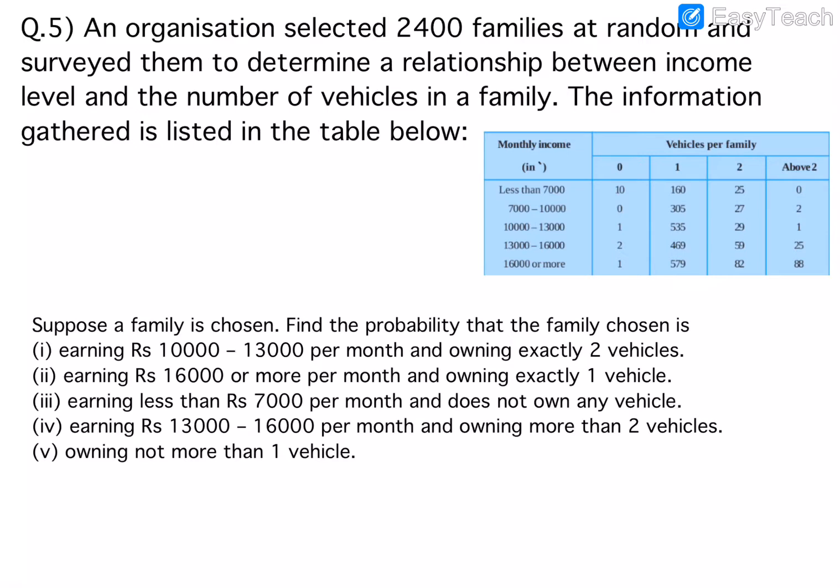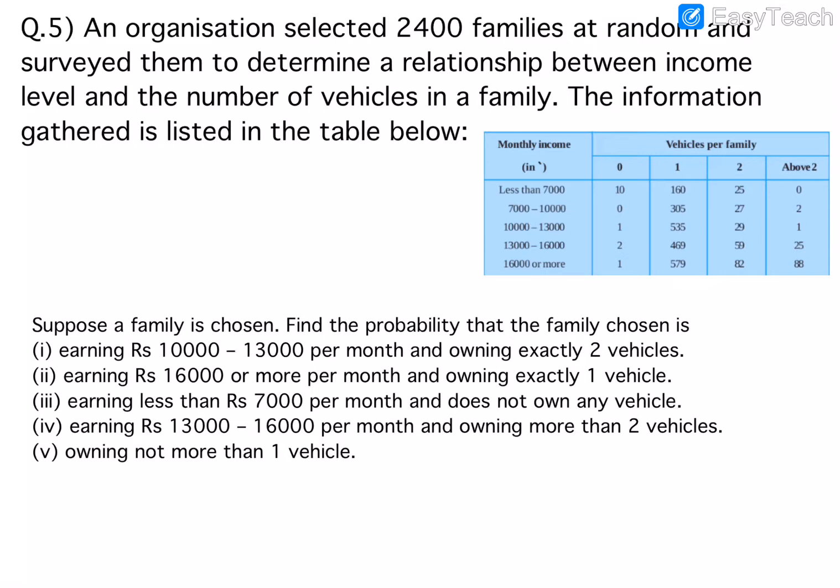इसी तरीके से 7,000 to 10,000 income group में there is no family having 0 vehicle. There are 305 families having 1 vehicle, 27 families have 2 vehicles, and 2 families have more than 2 vehicles.